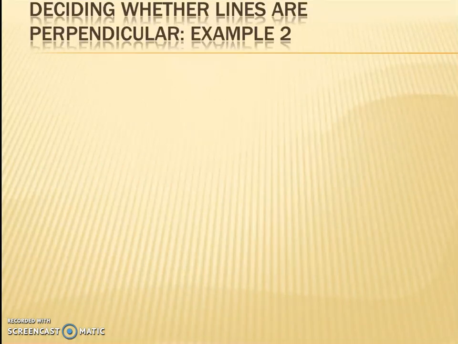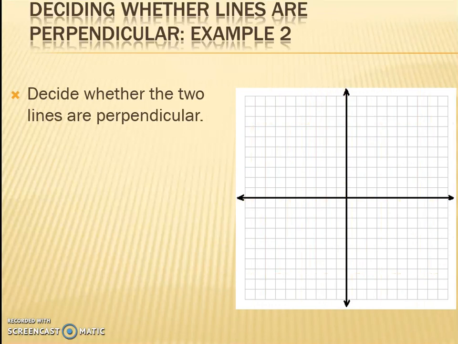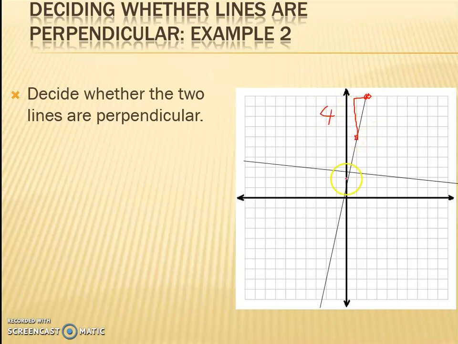Deciding whether lines are perpendicular, example 2. Decide whether these two lines are perpendicular. So we're going to look at the dots. I'm going to pick this one and this one and do rise over run: 4 over 1, that's 4.